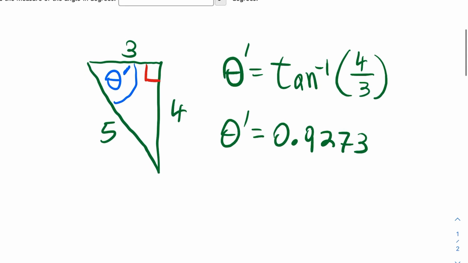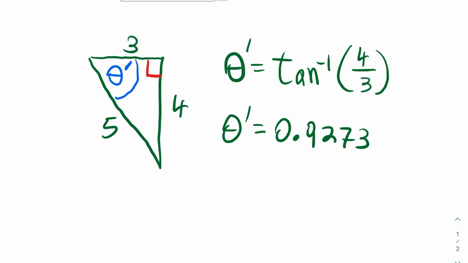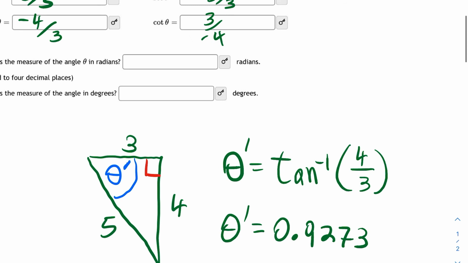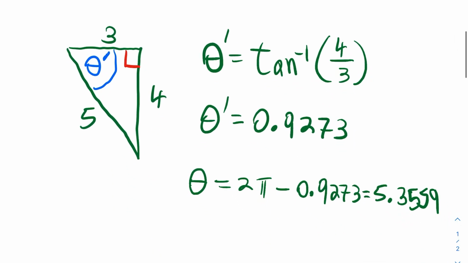Now remembering that this is what I would need to add to the original angle theta to get 360, I can find theta by taking 2 pi and subtracting 0.9273, which gives me 5.3559. And that's my answer for the first one, the radian measure, 5.3559.